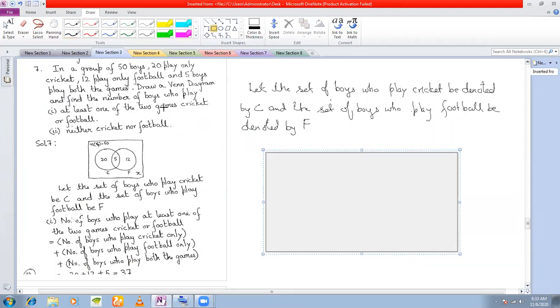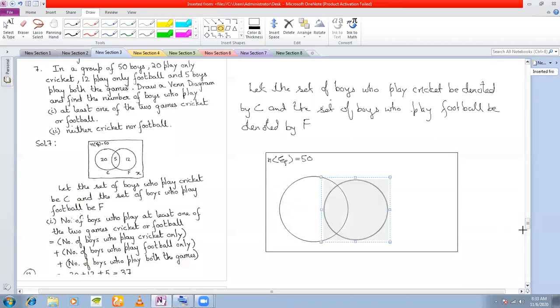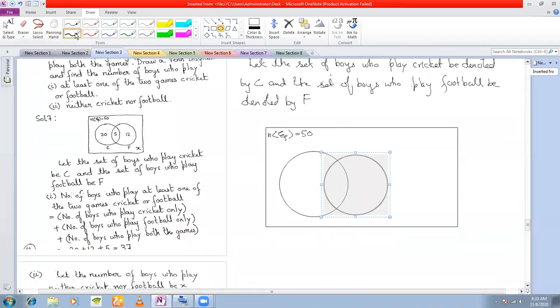So a universal set, we'll call it ξ, in a group of 50 boys. So the total number of boys is 50. Two sets: this set is the number of boys who play cricket, and this is the number of boys who play football.